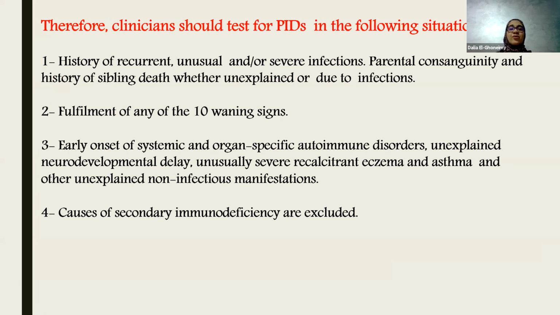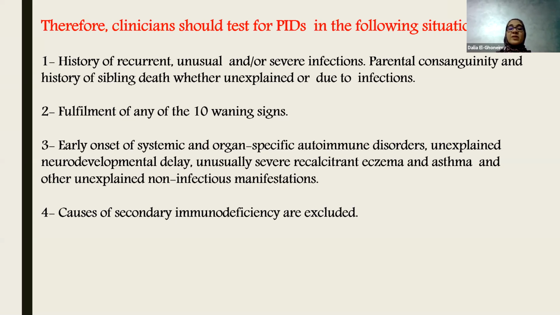So when we come to the question, should we examine or assess the immune system, its performance to defend against different organisms and its proper function, in any patient with autoimmune or rheumatological or gastrointestinal manifestation?